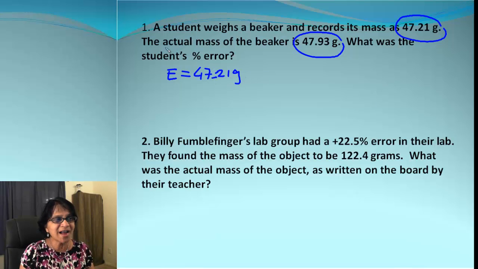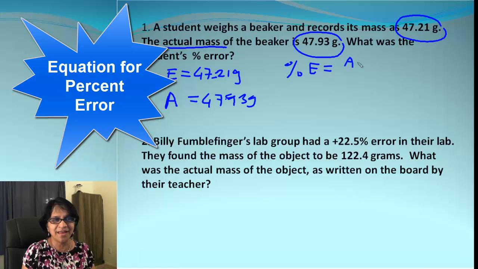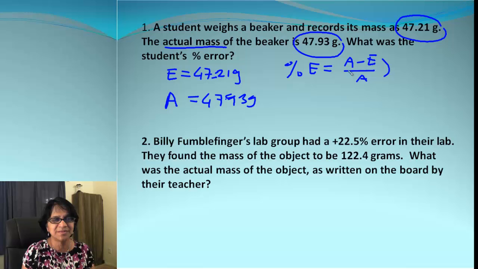And then the actual value for the mass is 47.93 grams. So how do you find percent error? Using the simple formula A minus E divided by A, that times 100.